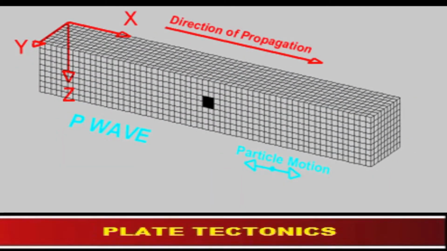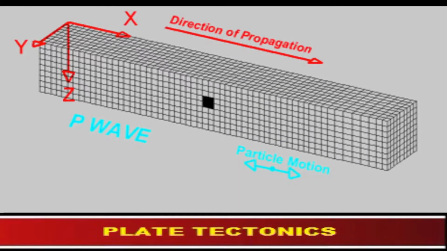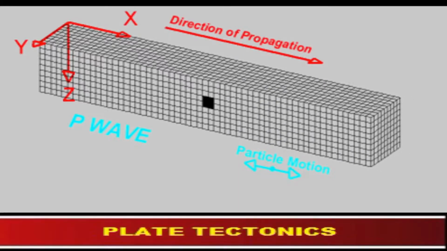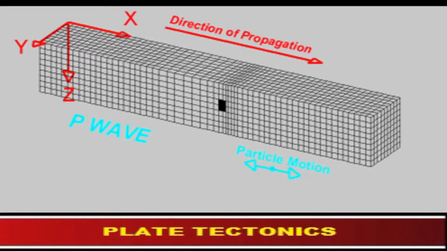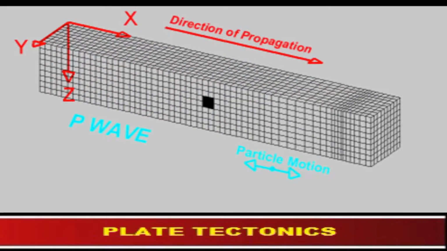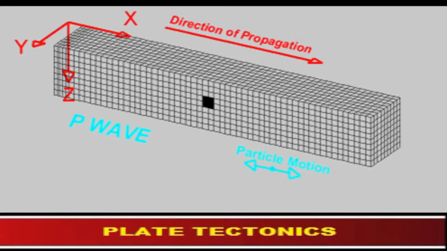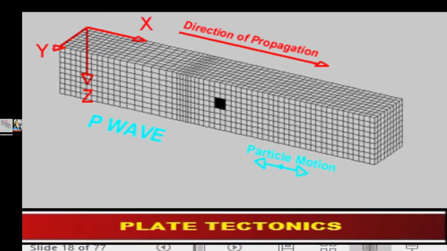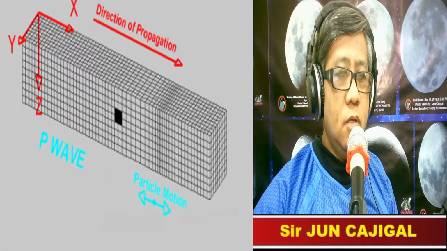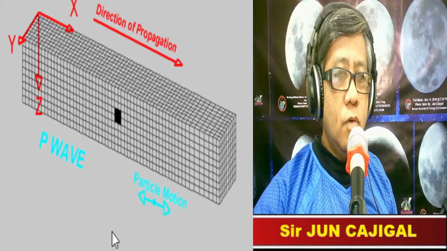The P wave basically pushes and pulls the rock layers as it moves through them. This is what we call a compressional wave, just like sound waves pushing and pulling the air molecules as they move through it.